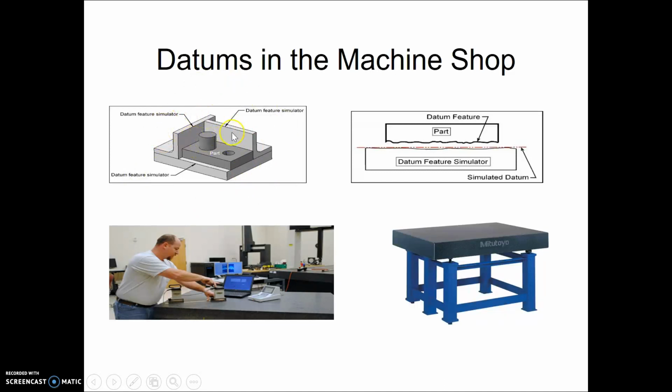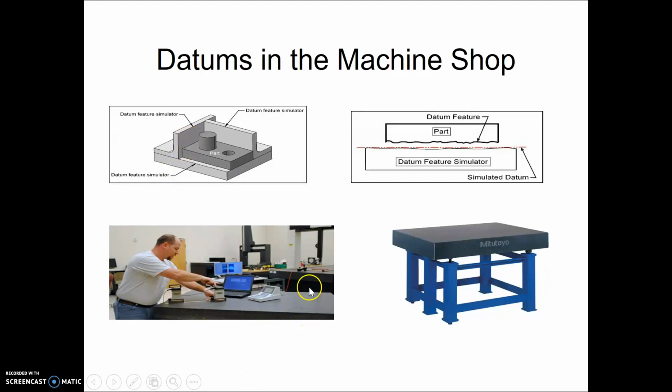Notice that the planes of the frame represent the datum feature simulators. The datum features themselves would be the planes that actually touch these frames on the part itself. And we want to see how relatively flat those datum features are compared to that datum feature simulator.